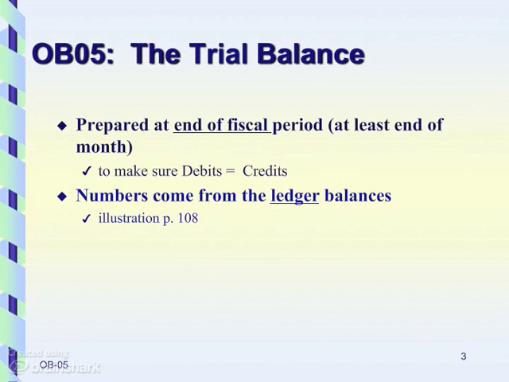So what we first do is we take all of those accounts from the ledger and their related balances, and we put them in the appropriate columns, the debit or the credit columns, depending upon their balance at the end of that fiscal period. We then take each column, the debit column, and add it up or foot it, and the credit column, and add that up or foot it, and then compare the totals of the two columns. The totals should obviously equal.